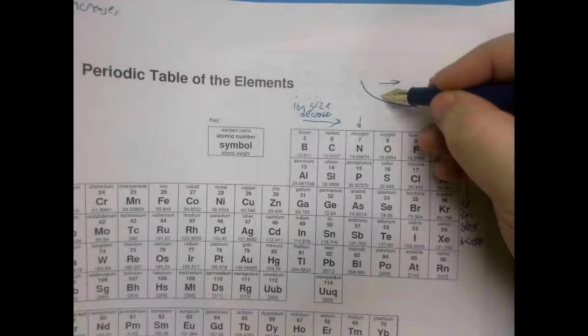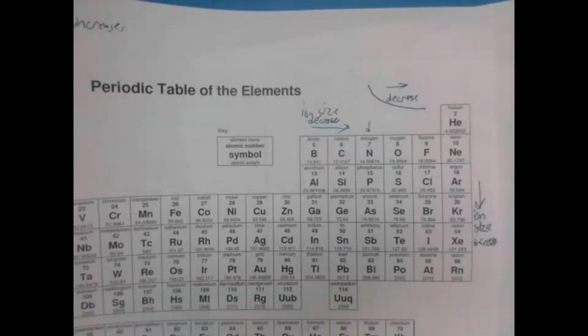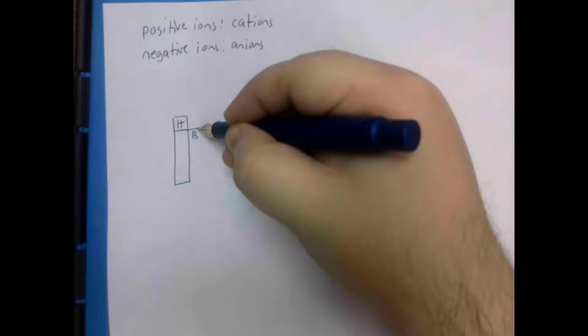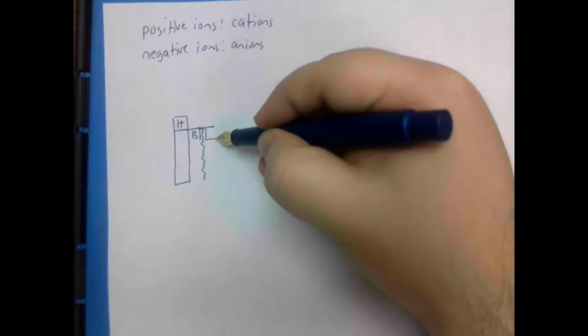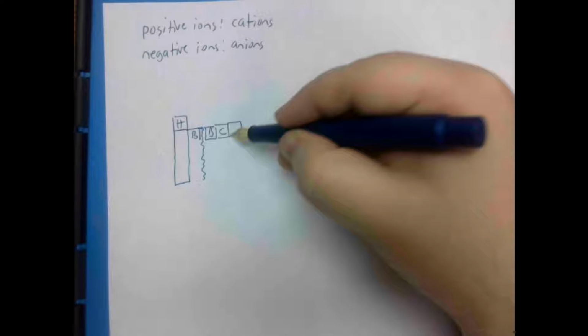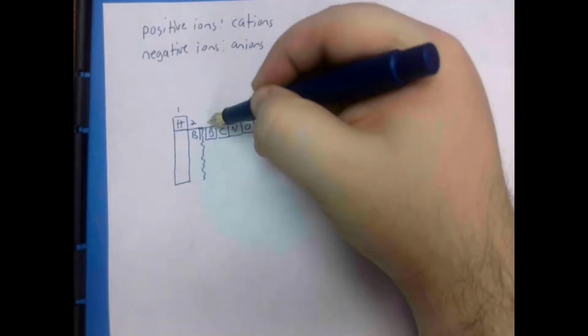So if you were to plot, ignoring the transition metals, I have hydrogen, then beryllium, then ignoring this, we have boron, carbon, nitrogen, oxygen, fluorine. So this is 1, 2, 3, 4, 5, 6, 7.